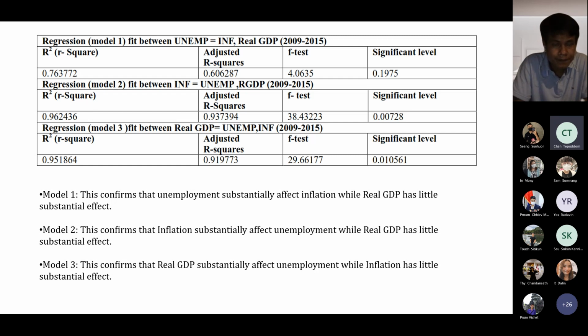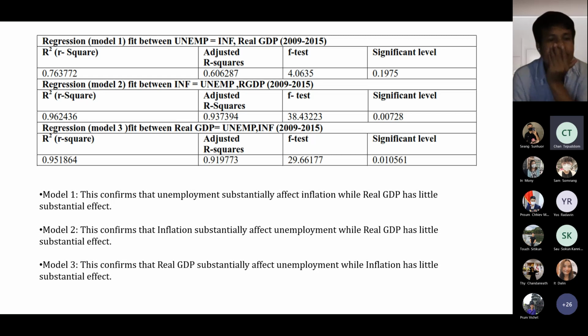The adjusted R square of 0.60 shows that 60% of the variation in the dependent variable is explained by the independent variables when the degrees of freedom are taken care of.